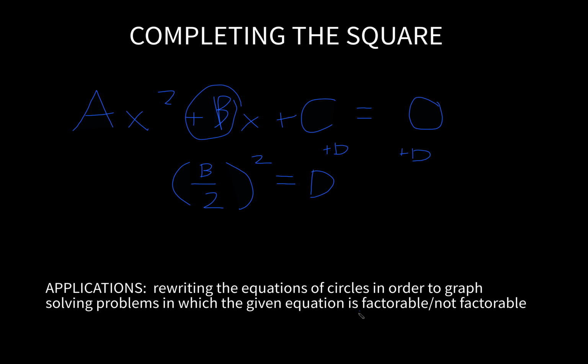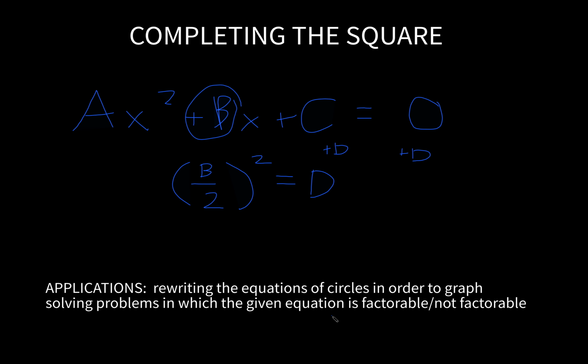Now, an application of the completing the square method is to solve problems when the equation is factorable too, but I find that this is not the easiest way to go about that. If you're able to factor your equation by just using the a, b, and c that you were given originally, you should go about things that way.